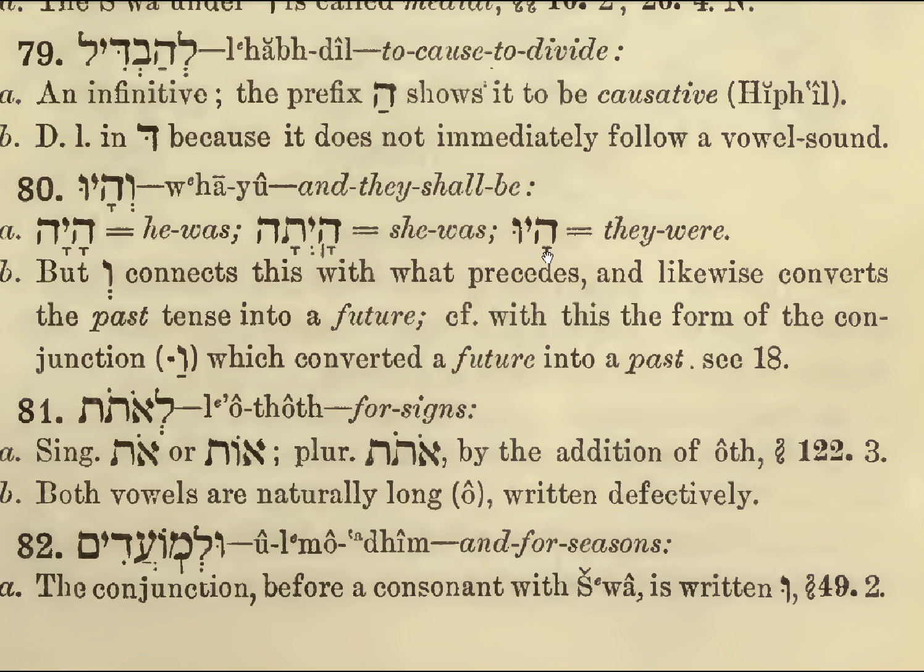Hayata, she was. Hayu, they were. Vav connects this with what comes before, and also it converts the past tense into a future, and also this form, the conjunction va with the dagesh forte, converts a future into a past.